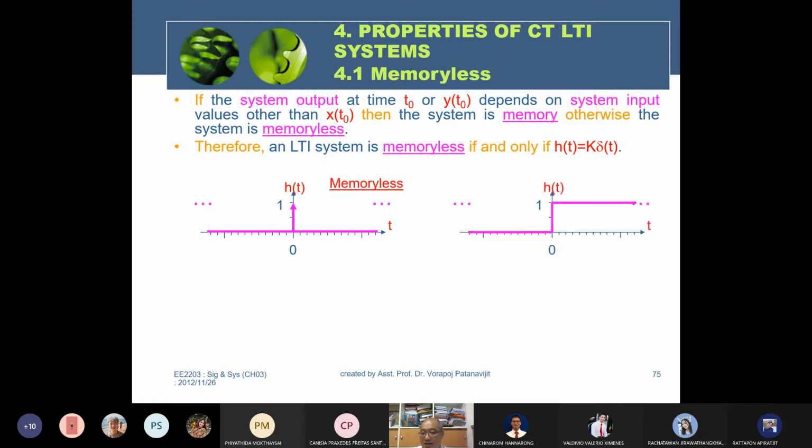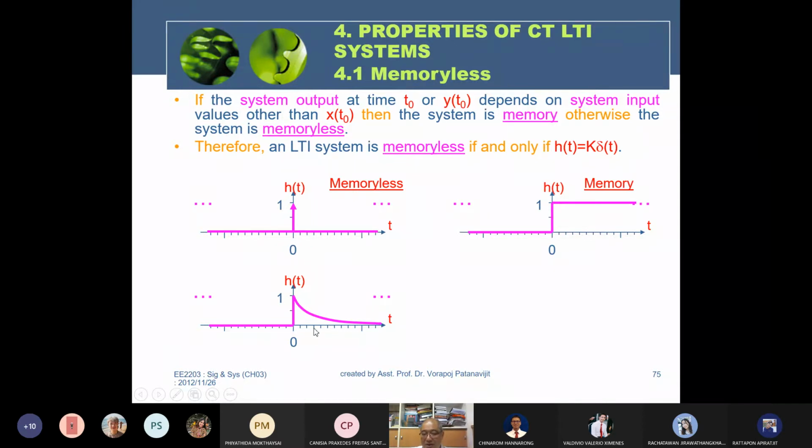For example, in the second one here, h(t) is 0 only for time less than 0. For time greater than 0 it is not. Therefore, the system is memory. The next one is the same as the second case. Even though it's not constant, we don't care. We check only that h(t) must be 0 for time greater than 0.